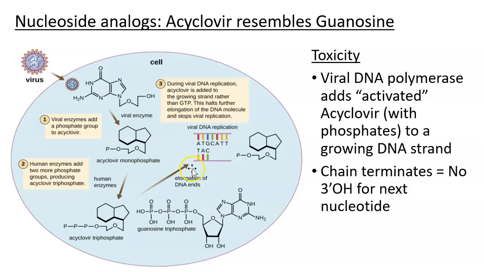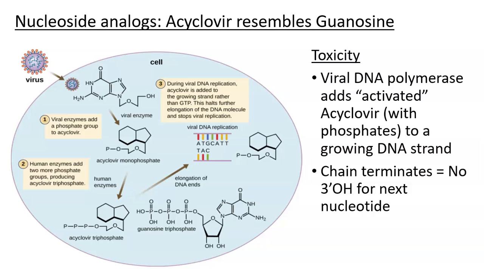And as the viral DNA is being replicated, and herpes viruses that are out there, things like cold sores and chickenpox types of viruses, those guys actually have not only their own viral kinase enzyme to add phosphate, they actually have their own DNA polymerase that they will use to copy their DNA.